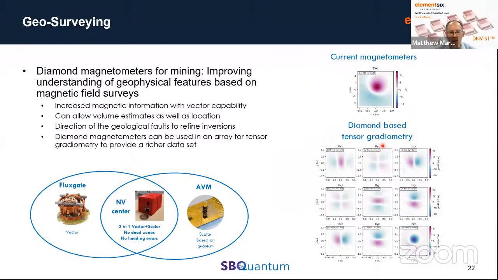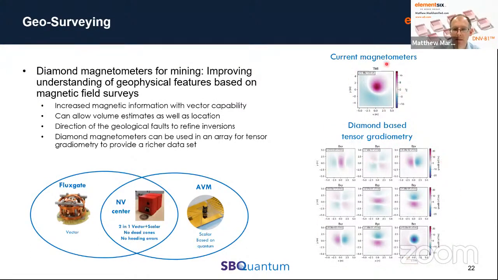So this is work that SP Quantum are doing, based in Canada. They're developing diamond magnetometers for mining, and that's the real benefit here. Again, going back to what I mentioned about vector capability, you've got this system that allows you to have vector capability, and the advantage of that is that you can build up a tensor gradiometer.